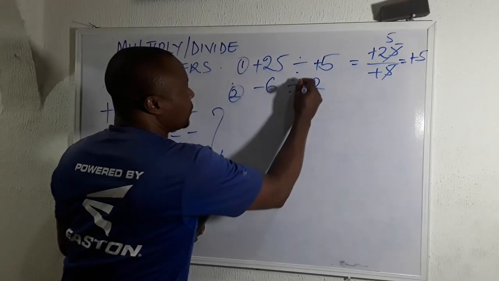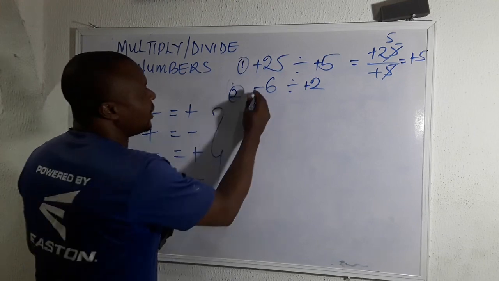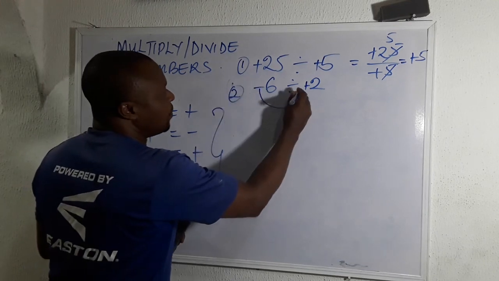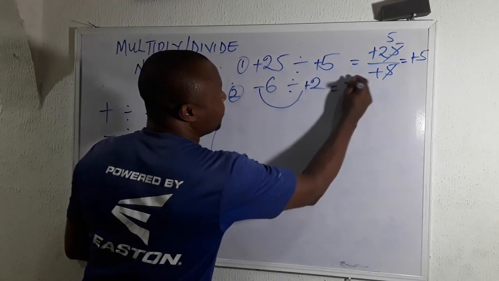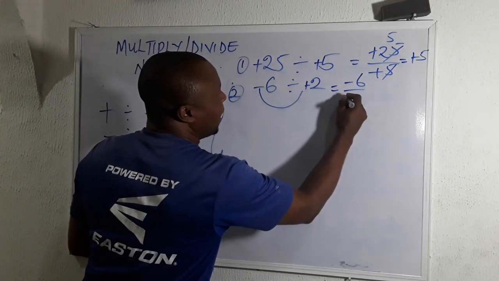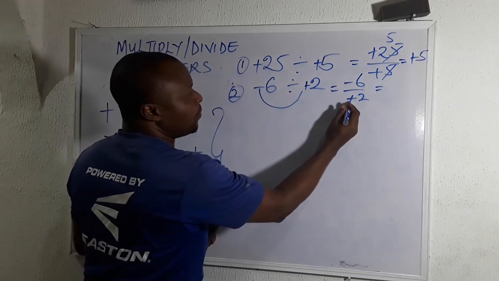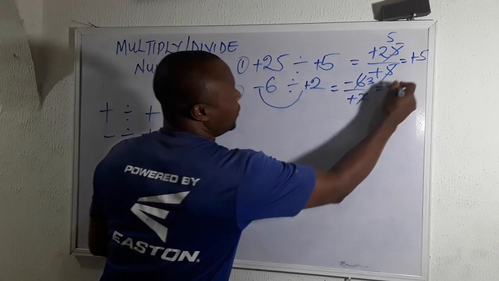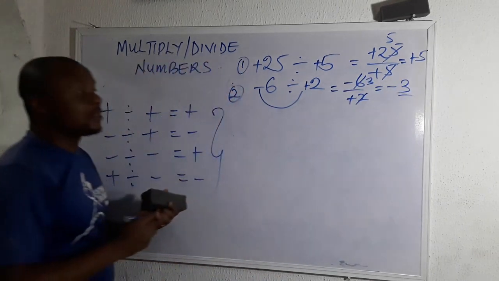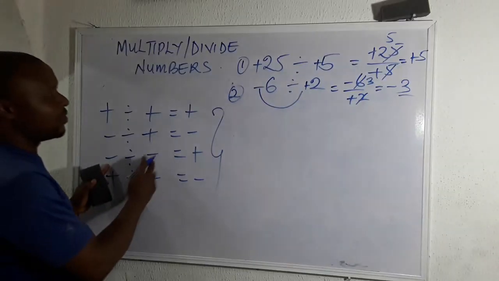So we divide the signs in front of the numbers, that can be expressed as minus 6 divided by plus 2. So minus divided by plus will give us minus. 2 into 6 will give us what? 3. So that is minus 3.